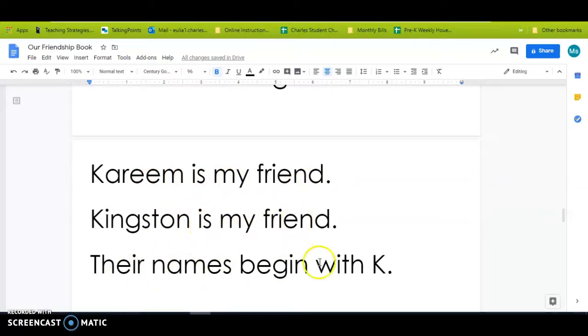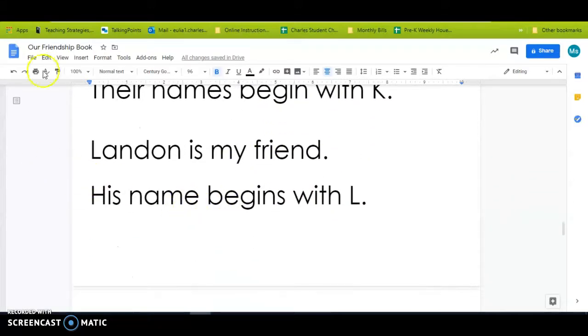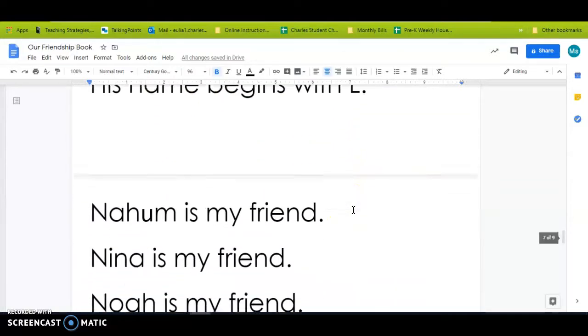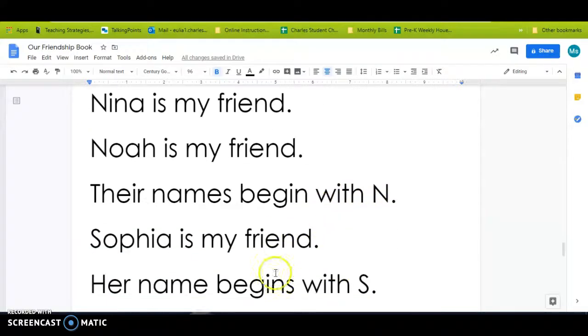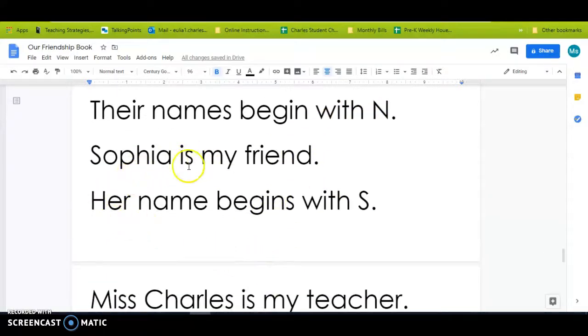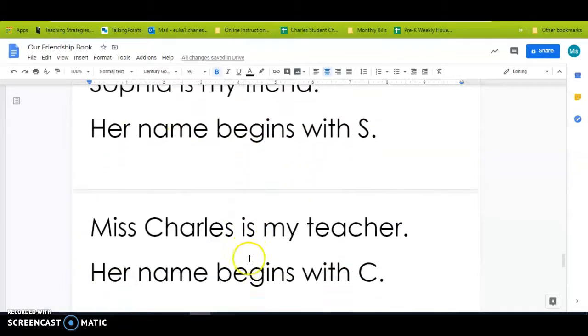Their names begin with K. Landon is my friend. His name begins with L. Nahum is my friend. Nina is my friend. Noah is my friend. Their names begin with N. Sophia is my friend. Her name begins with S.